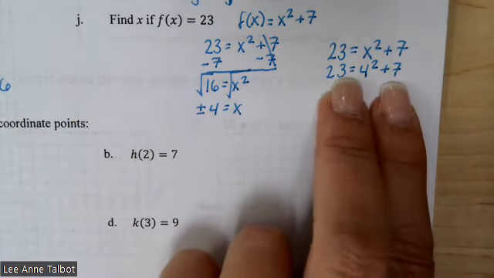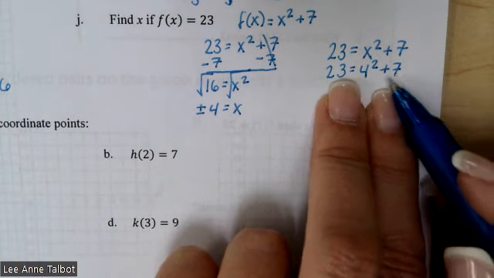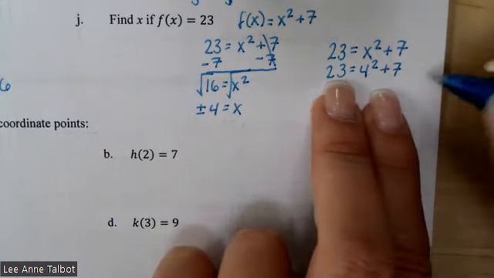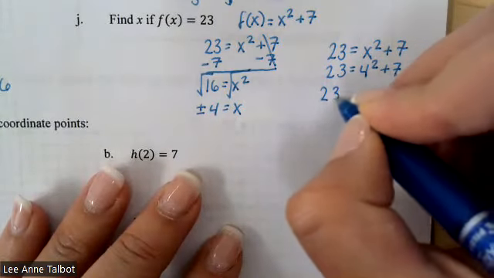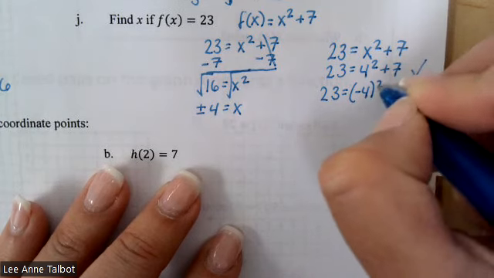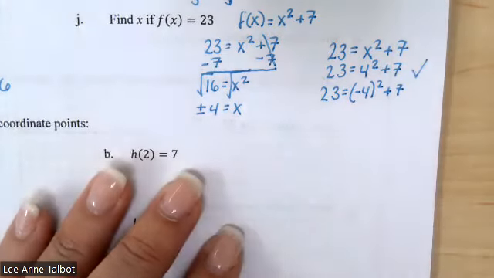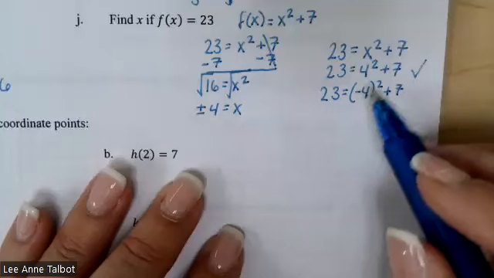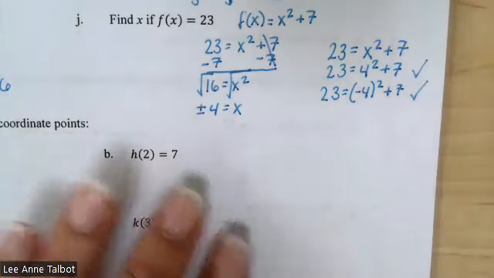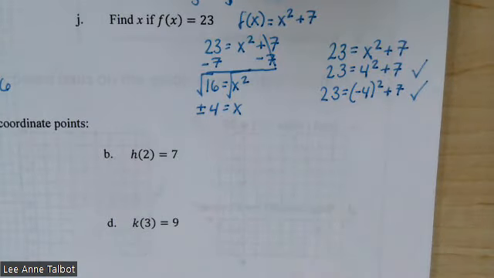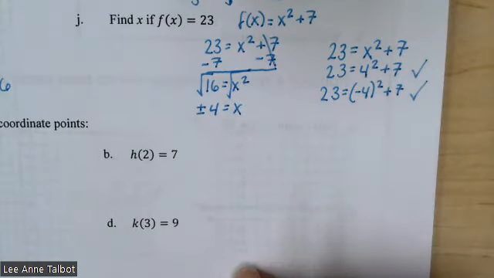Is this a true statement? So 4 squared is 16 plus 7. That's 23, right? Okay, now 23 equals negative 4 squared plus 7. What's negative 4 times negative 4? 16 plus 7, 23. They both work. Okay, but the thing is, you just need to remember when you square root both sides, you have to have plus or minus, just because they will both actually work.